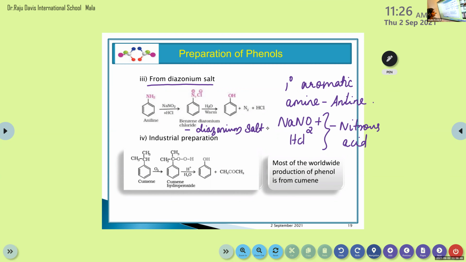Then the last method, that is from cumene. Here this is the structure of cumene. One benzene ring with an isopropyl group. So this isopropyl benzene is known as cumene.